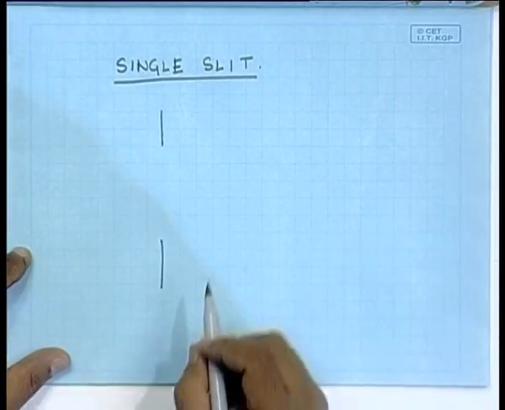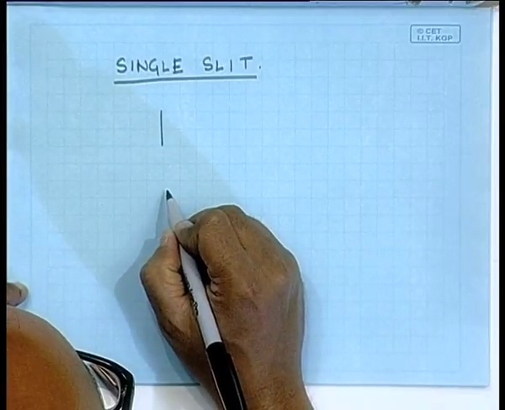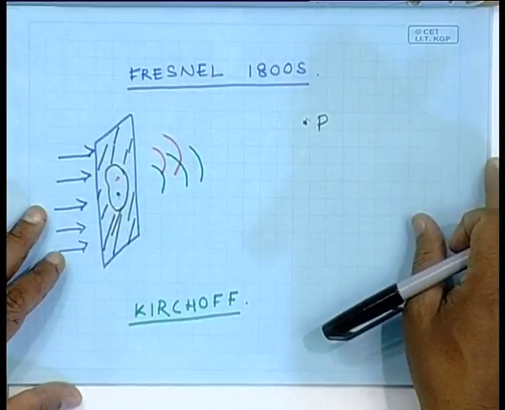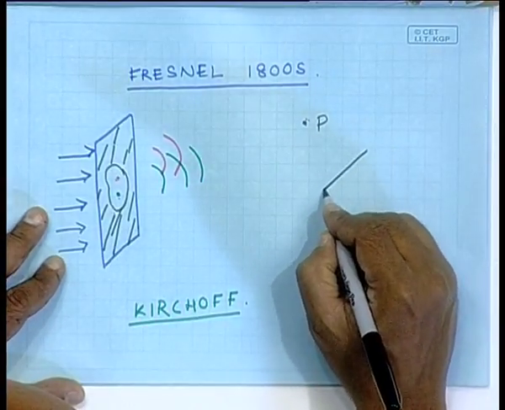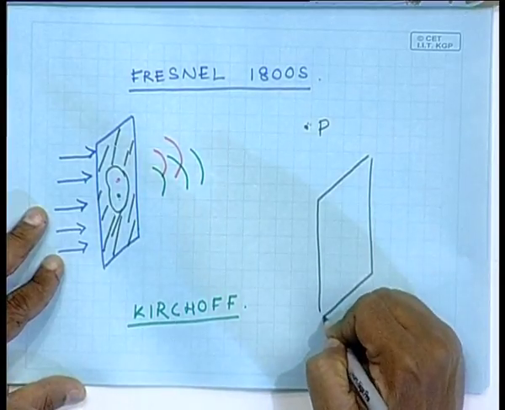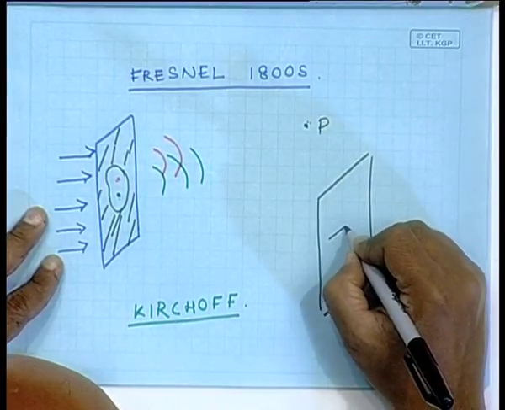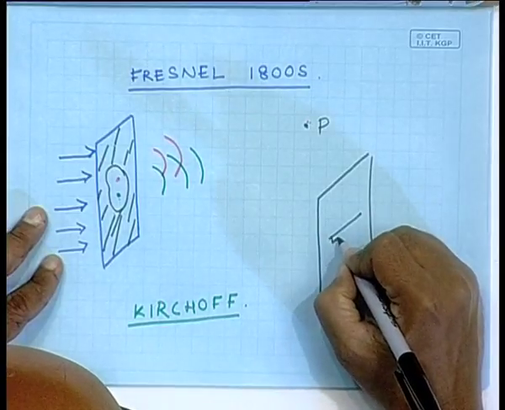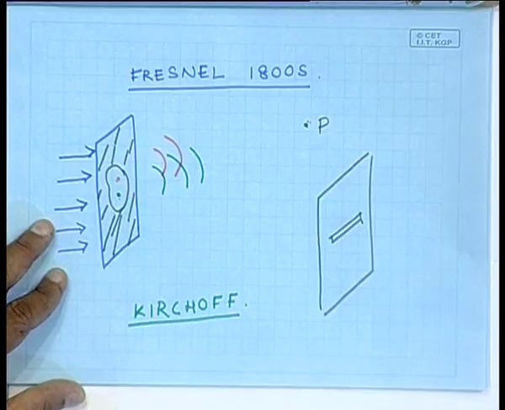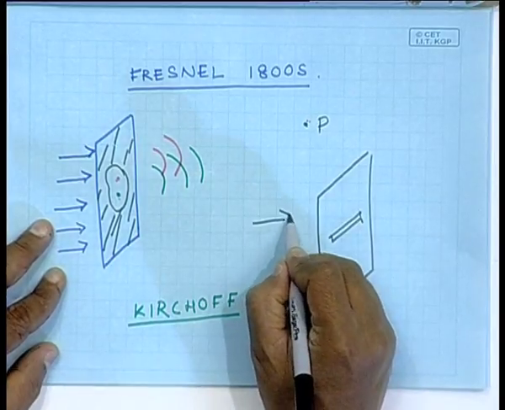The slit is actually quite small. To give you a picture of the slit, let me draw it for you here. We have an opaque screen like this. In this screen, I make a small slit like this. And we have a plane wave incident on this.